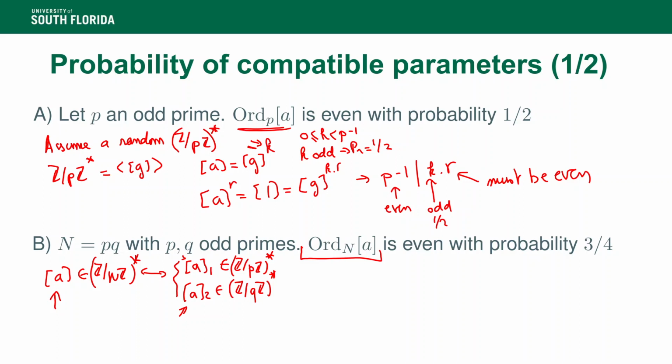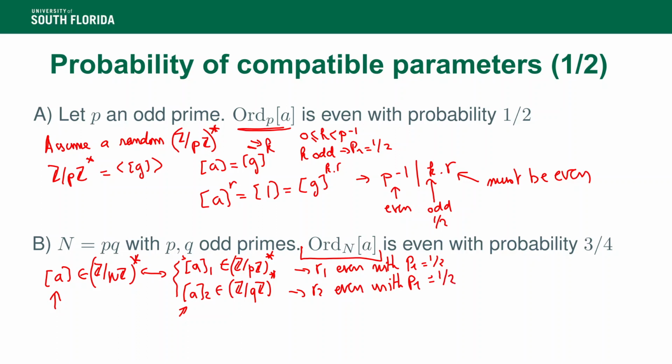Each of them has an order: R1, which is even with probability 1/2, and R2, which is even with probability 1/2.